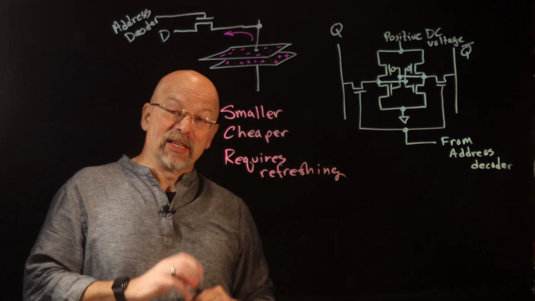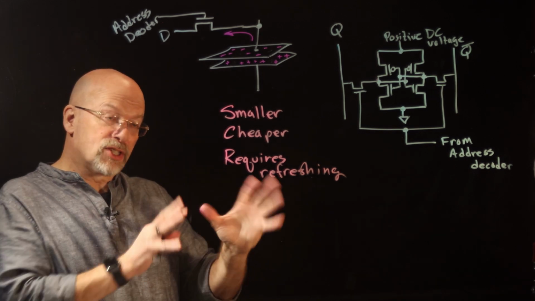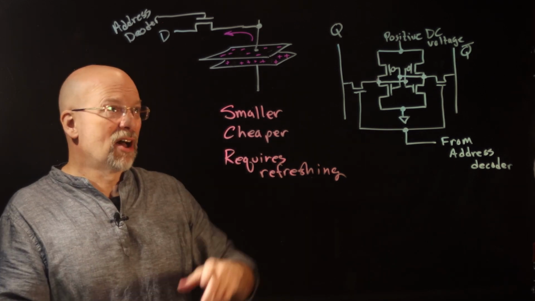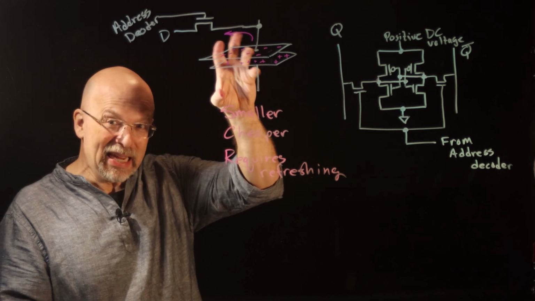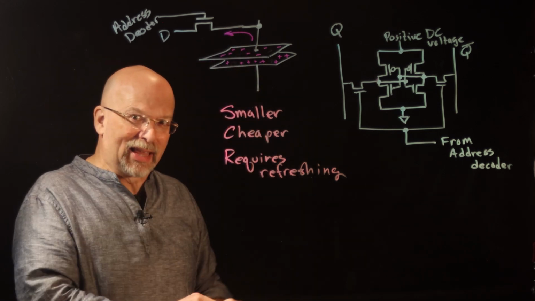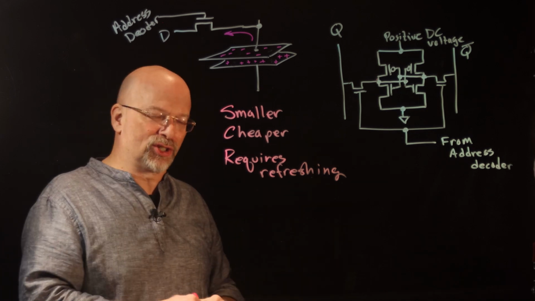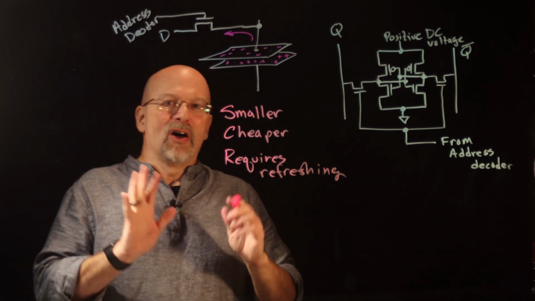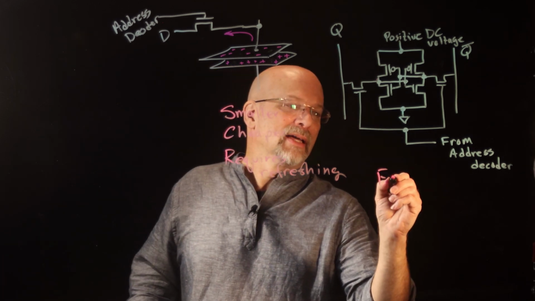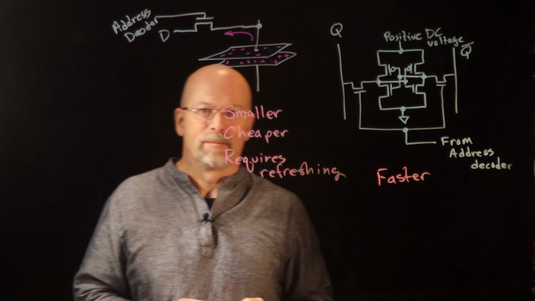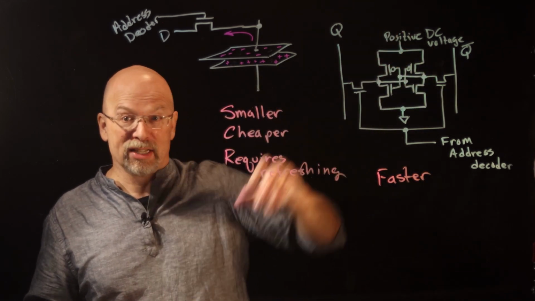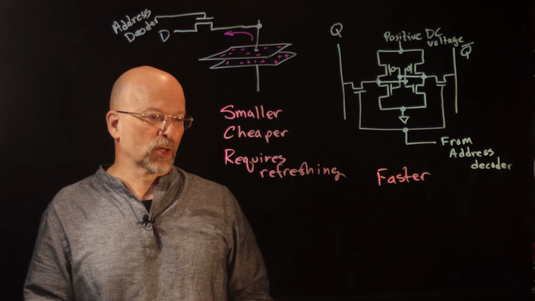What does that mean? That means every once in a while, some sort of processor on the memory device itself has to go through and read all of those values and write them back to boost them up, to give them pressure again, okay? Well, all of that means that this guy is slower. The transistor circuit is faster, all right?